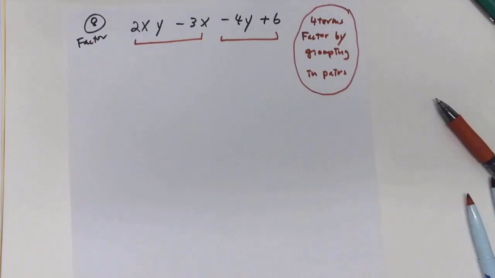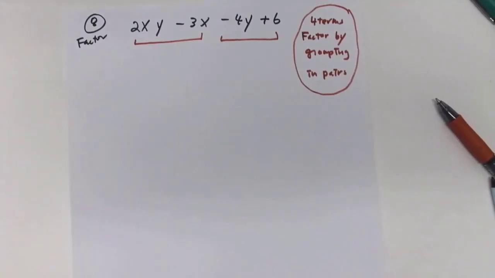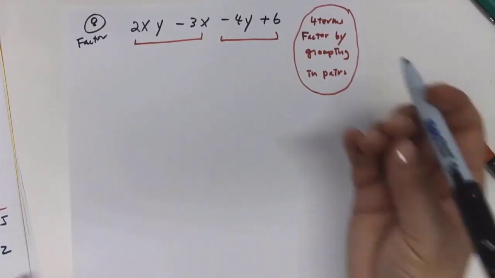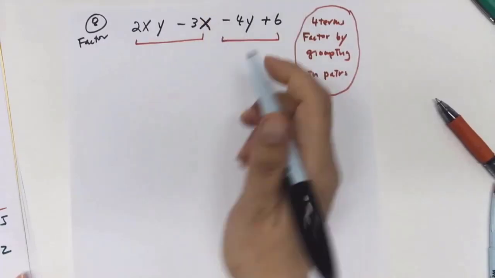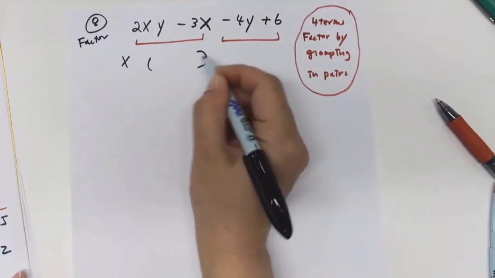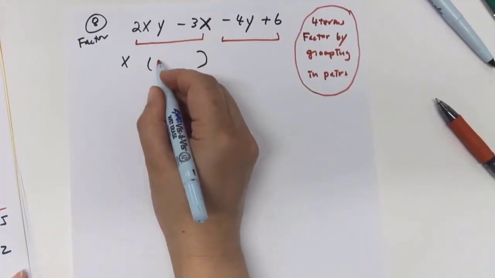So for the first two terms, we can pull out what? Both of them have y? Do both of them have y? You're talking about the first two terms. They have x. They can pull out an x, and inside we're going to have y. Just y.